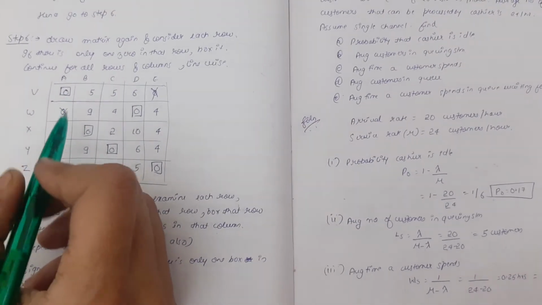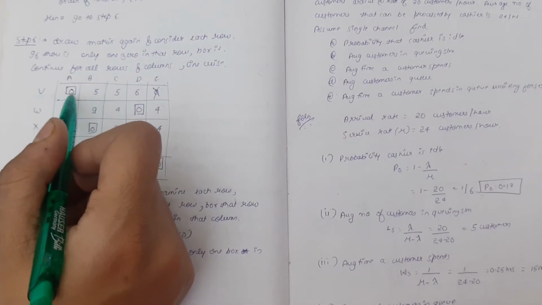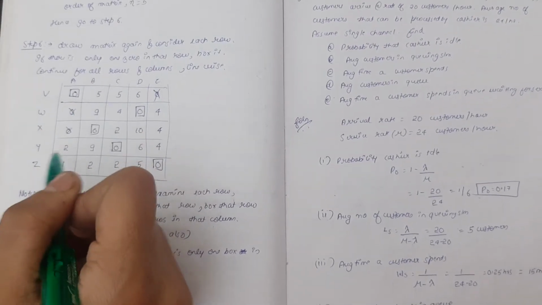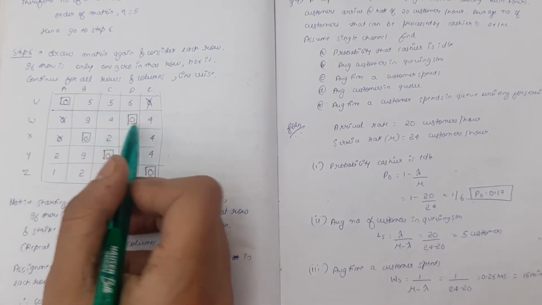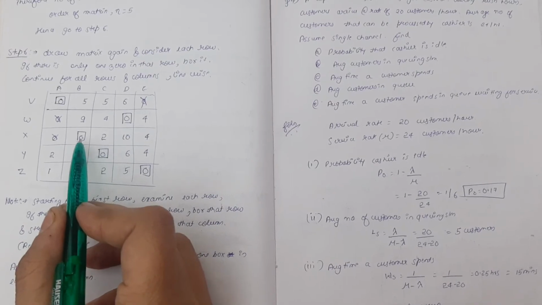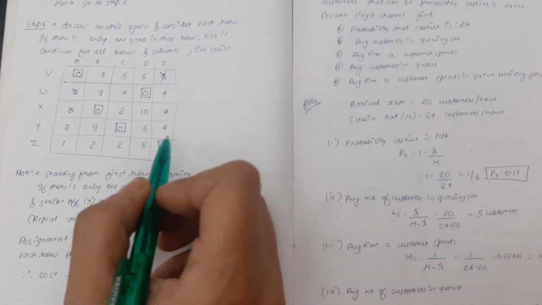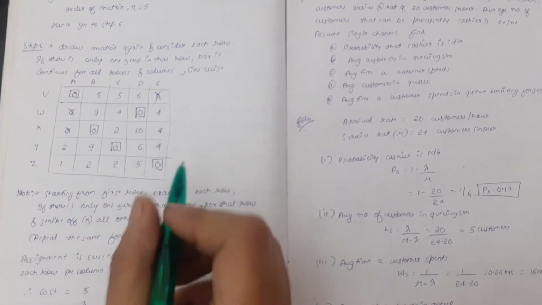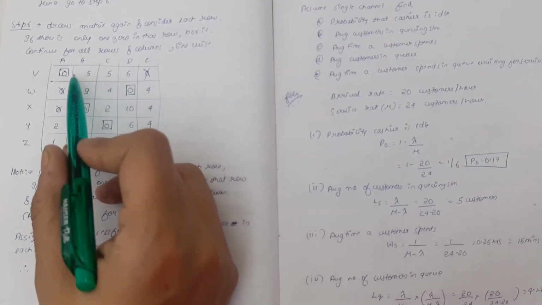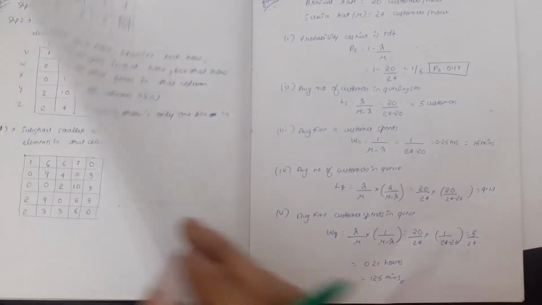Here we have V into A, a 0, we box it off and strike off the remaining zeros in that column. Coming to the second row, we have a 0, so we box it. Similarly it is done for X, Y and Z. After boxing out the zeros, we find that we have a total of 5 boxes. Pertaining to these 5 boxes, we make a note of the original elements.